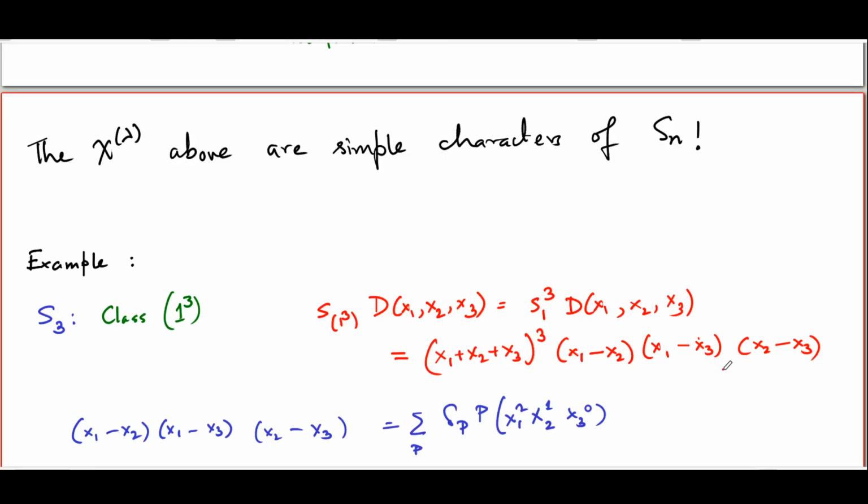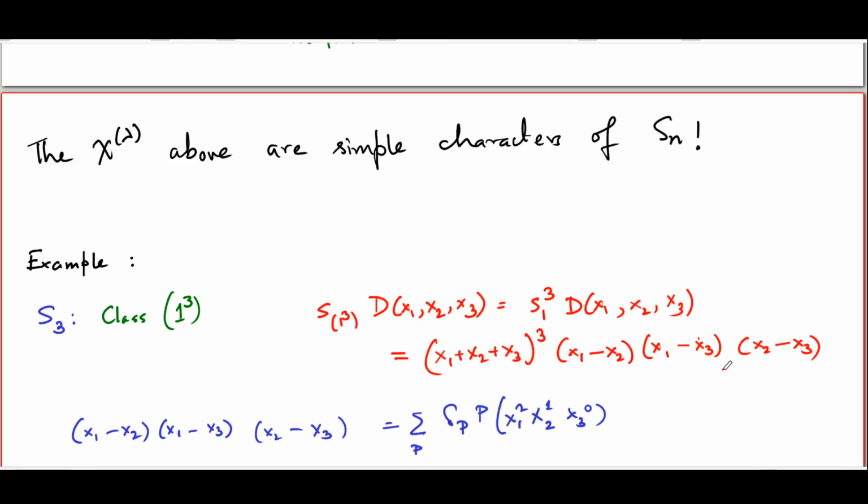What we have just figured out a while ago is that this has to be the sum over all permutations of indices with the sign of the permutation multiplying that of the basic polynomial x1 squared, x2 to the power 1, x3 to the power 0. Remember, it's x1 to the m minus 1, x2 to the power m minus 2, all the way down to xm to the power 0. And here we are using the m equals 3 version of that.